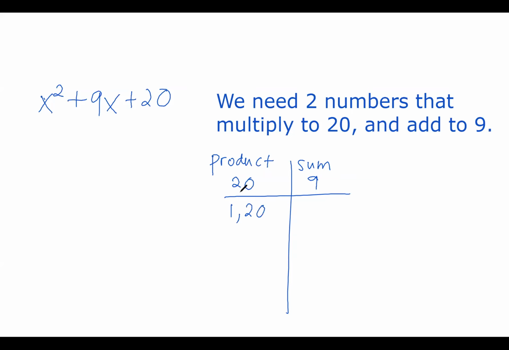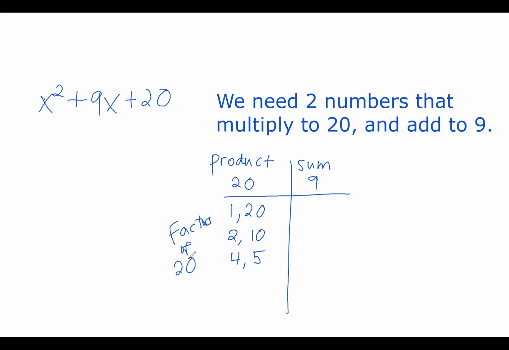They multiply to 20. 2 times 10 is 20. 3 would be my next thing in my list, except 3 doesn't go into 20, so I'm not going to include it. So 1, 2, 3 doesn't work. 4 times 5 equals 20. And then next in my list would be 5, except look, I already have it. So this is a complete list of factors of 20.